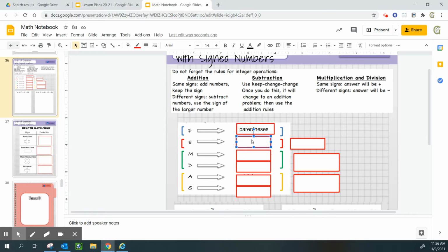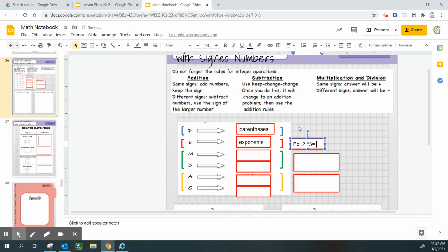The next part is exponents. You talked about exponents last year in math. We haven't talked about it a ton yet this year. So remember that an exponent has a base and an exponent, and the base is multiplied as a factor the number of times of the exponent. Let's do 2 to the third.